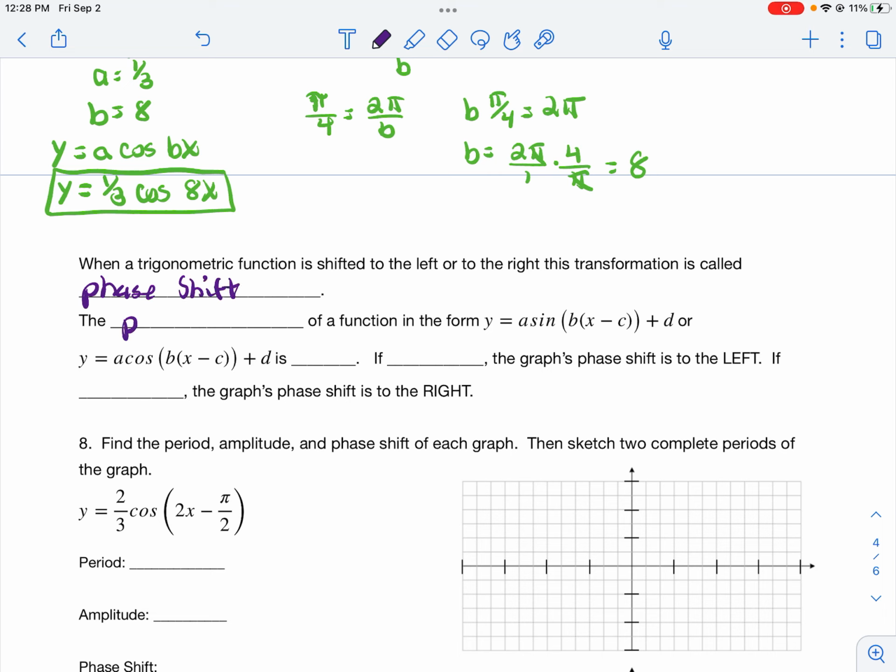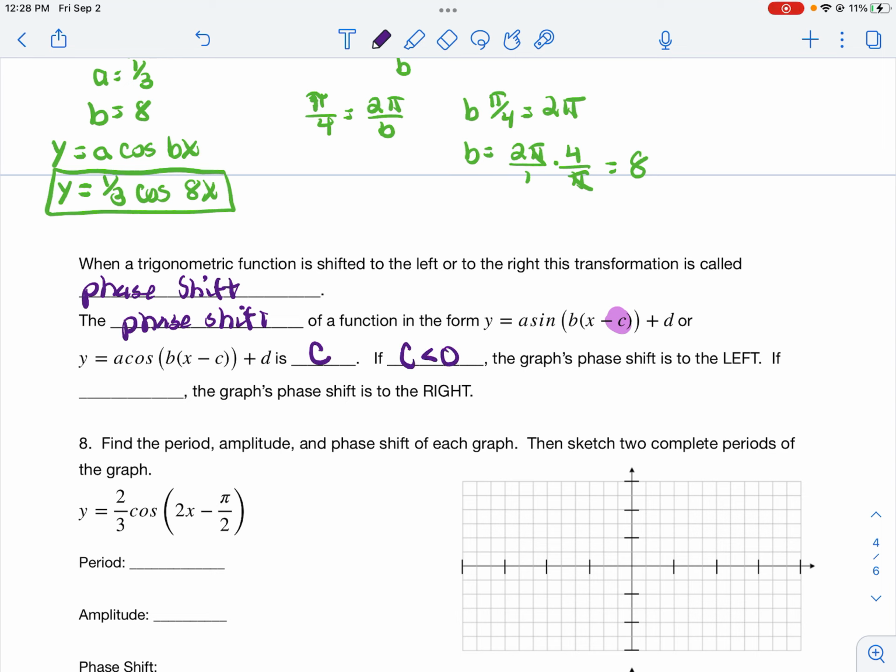The phase shift of a function in the standard form y equals a sine of b, parentheses, x minus c, close parentheses, plus d, or the same thing with the cosine function, is determined by the value of c. Okay, c determines it. Now, if c is less than 0, the graph is shifted to the left.